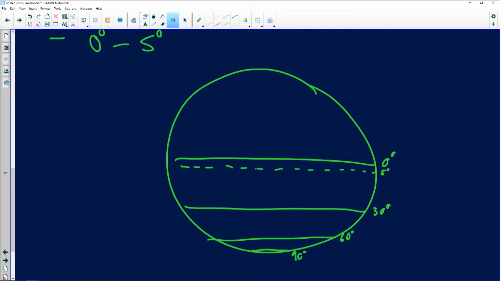Why not? Can't develop over there. There's not enough Coriolis force.